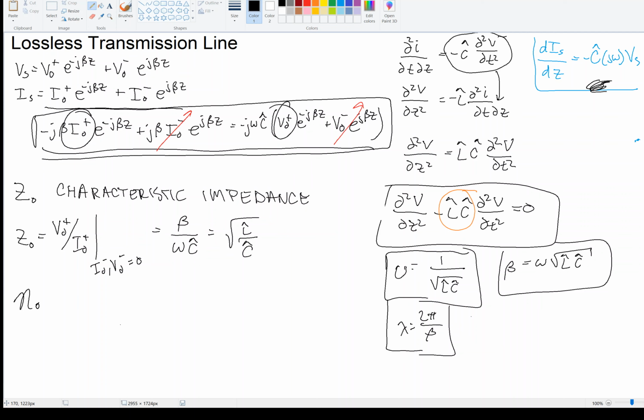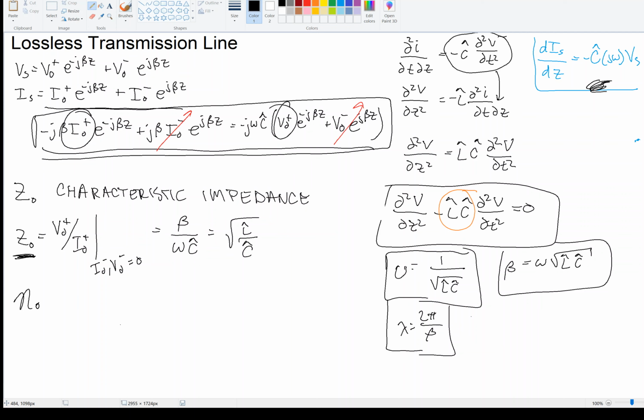We've already seen how intrinsic impedance can affect wave propagation. And so that's really what you want to think of for the characteristic impedance. It's going to affect the voltage and the current in the same manner as the intrinsic impedance affected the waveform in media. Also you might ask, why did we set I0 minus and V0 minus to zero? What about those?